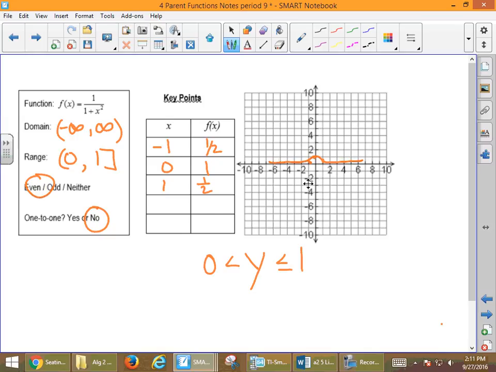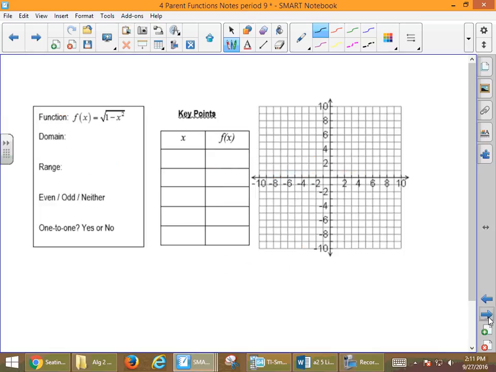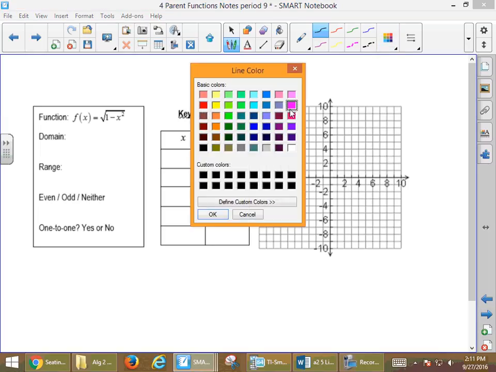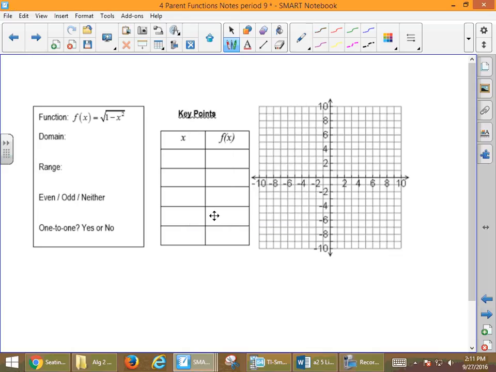And one last function. So the square root of 1 minus x squared. So we're going to type it into our calculator.